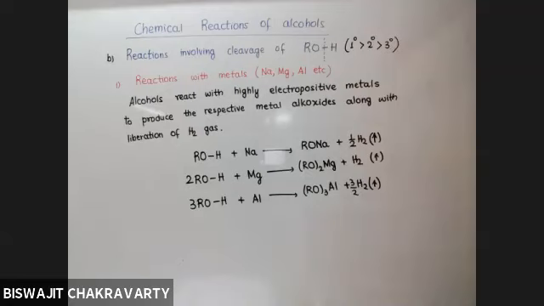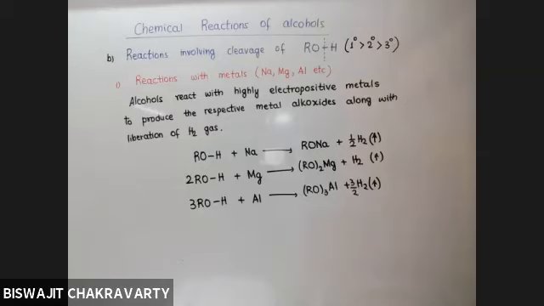So what kind of nature is shown by the alcohols during these reactions? Is it acidic reaction or basic reaction? Acidic. How do I know that these are acidic reactions?